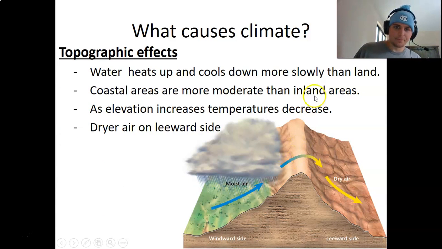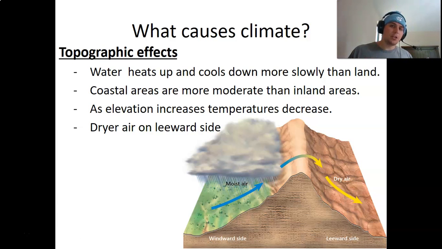Okay. So, what causes climate? What else besides latitude? Topographic effects, okay? Land masses, how the land is shaped. Water heats up and cools down more slowly than land does. So, coastal areas are going to be more moderate than inland areas. That's why the beach is usually more moderate in general than any place inland.